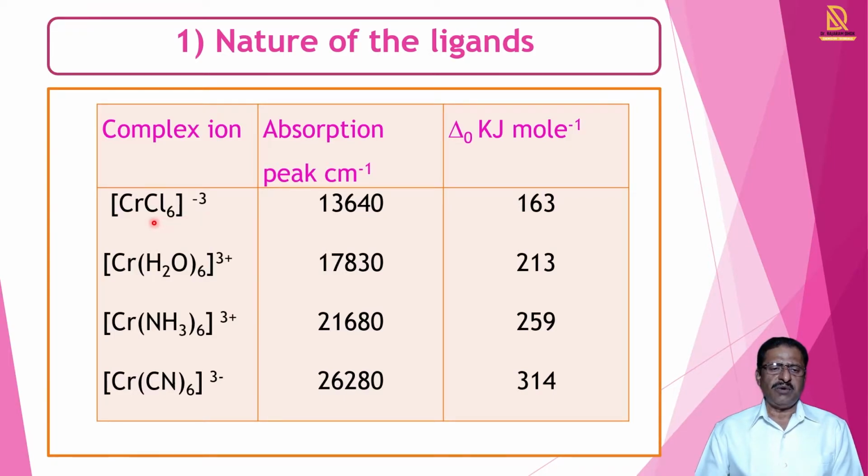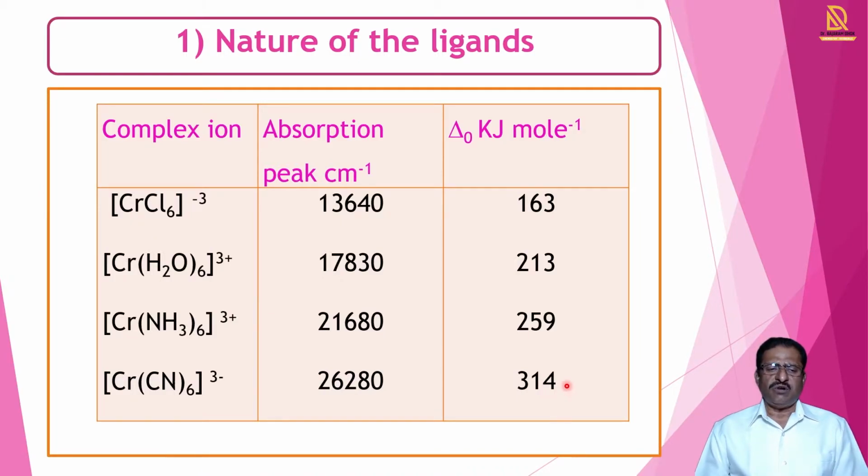We take the chromium metal and various ligands like chloro, aquo, amine and cyano, and its octahedral complexes are prepared. CrCl6 3 minus has delta energy 163 kilojoules per mole. In Cr(H2O)6 3 plus, delta O value is 213. In Cr(NH3)6 3 plus, delta O value is 259. In Cr(CN)6 3 minus, delta O value is 340.